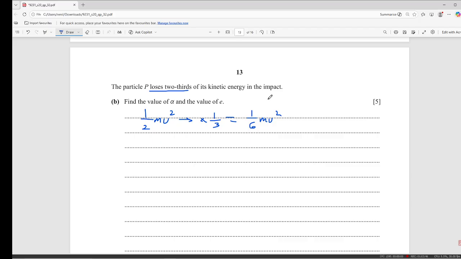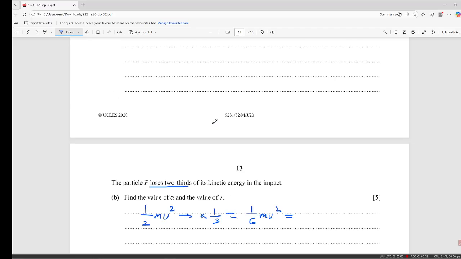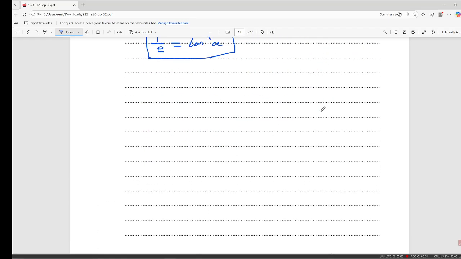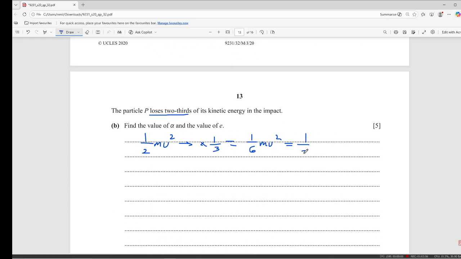Since it leaves with velocity v, that will be equal to half m v squared. Now I can cancel masses on both sides and multiply both sides by 2, so this gives me v squared equals 1/3 u squared. Important formula.